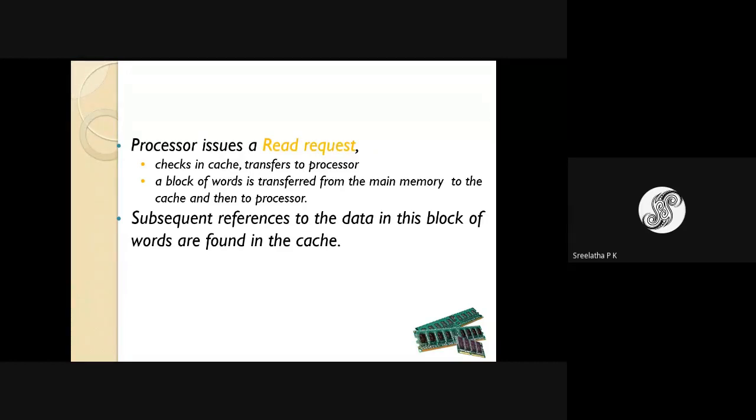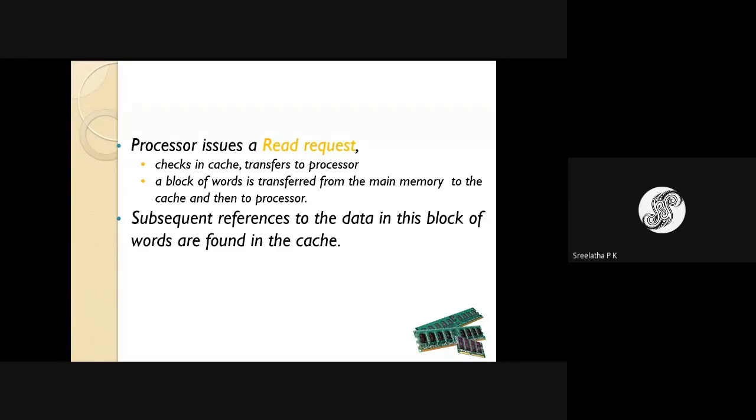Now suppose the processor wants to read data from a particular memory location. Where does it search first? Processor wants to read an instruction from a particular word address, memory address. From where does it search for that instruction first? In which memory? Cache memory, ma'am. It searches in the cache memory. If that instruction is there, the data is taken.